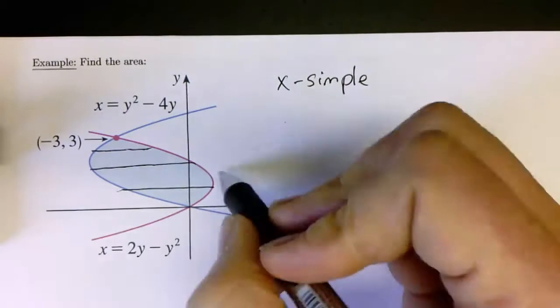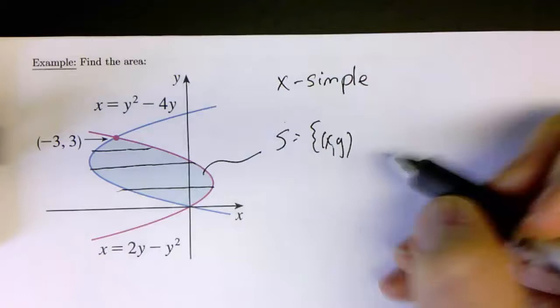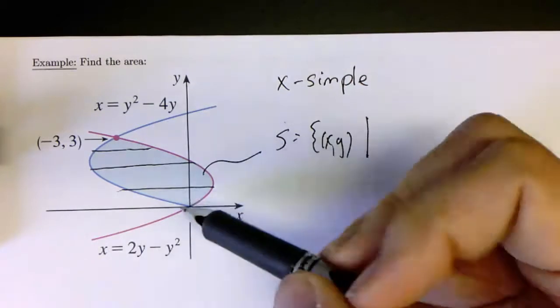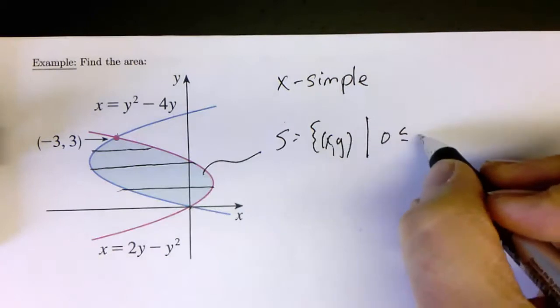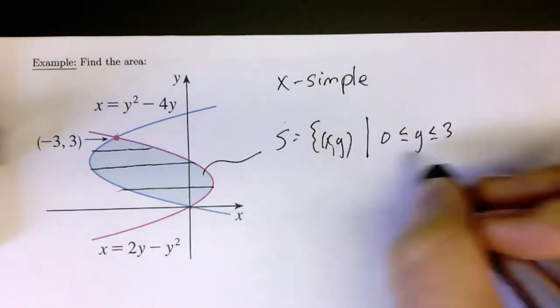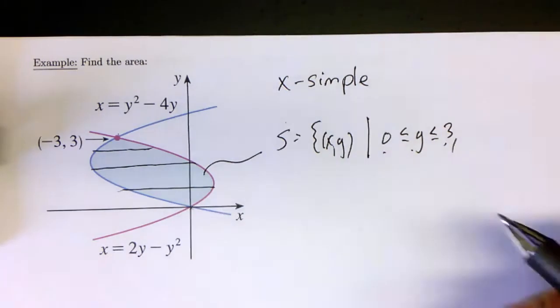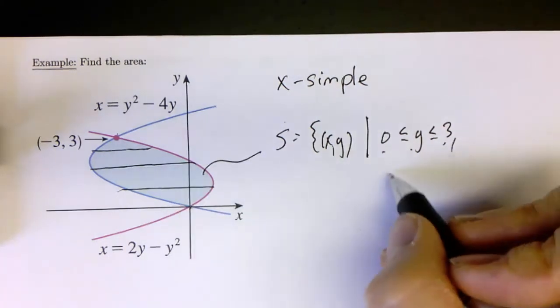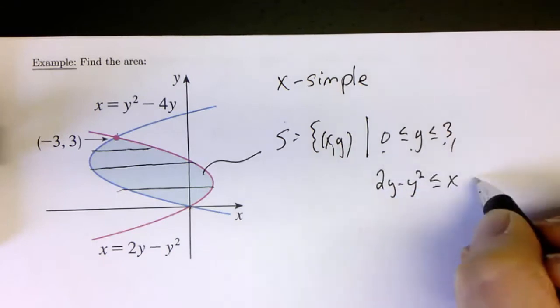So if I were to describe this region, let's give it a name S. It's the set of xy points where y goes up and down between 3 and 0. So now the limits on y are numbers, and the limits on x are these two curves. We have a left curve and a right curve.